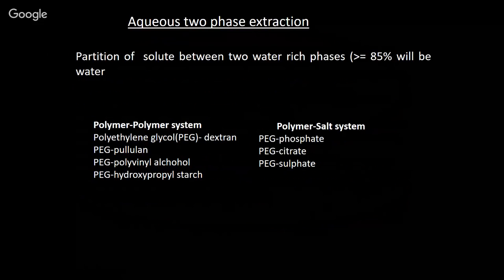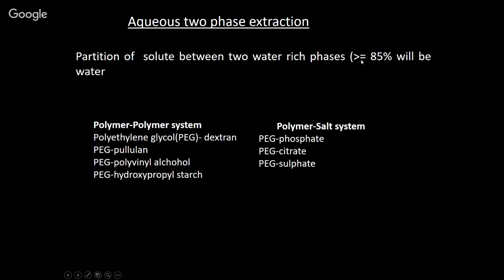Let me touch a little bit on two very modern techniques where I have not spent much time in the course. One is aqueous two-phase extraction. Although I touched a little bit on it, I'll spend a little more time because somebody had asked a question. It is the partition of solute between two water-rich phases.